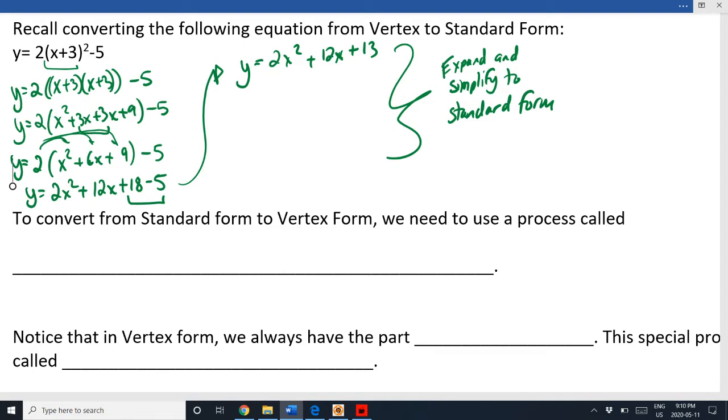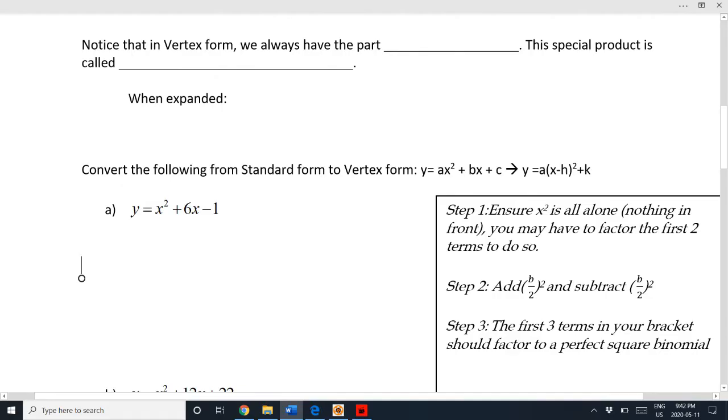To convert from standard form to vertex form, we need to use a process called completing the square. Notice that in vertex form, we always have the part that looks like this, or this.